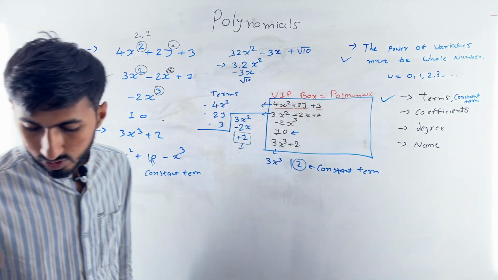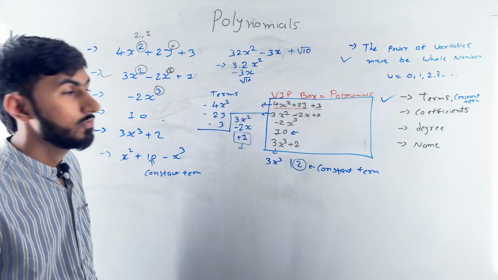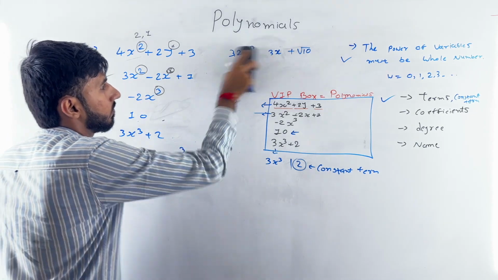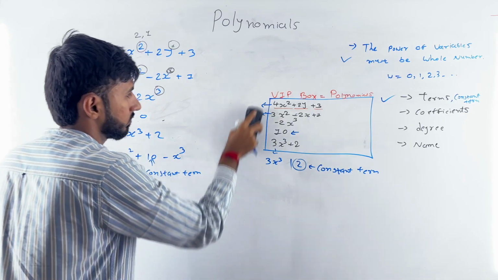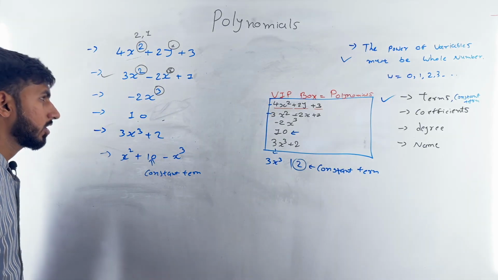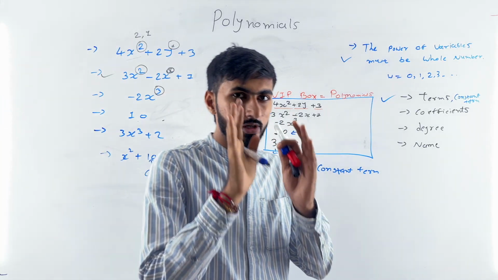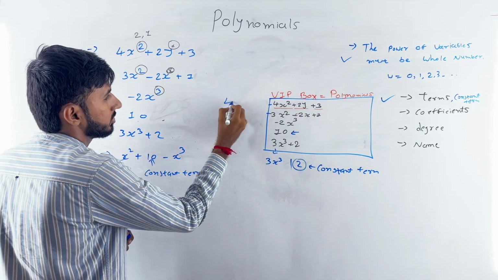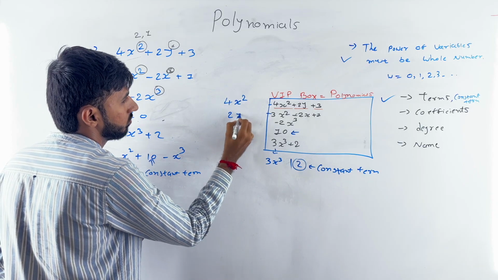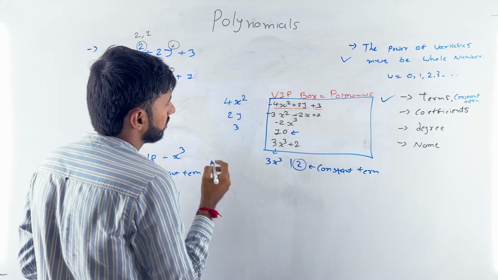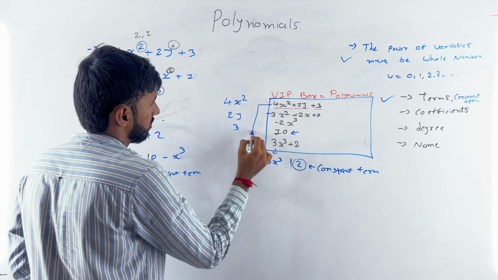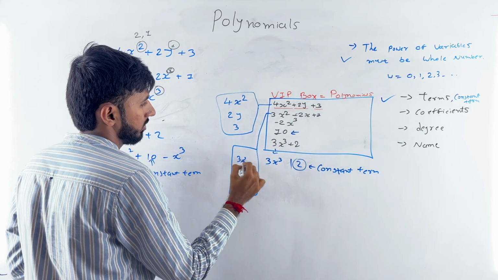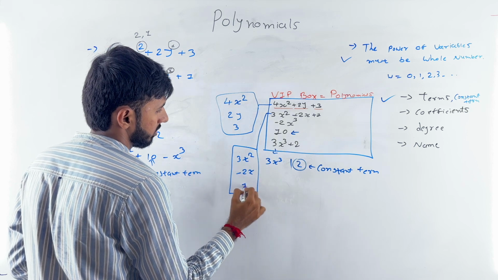Now we will move on to the third terminology, and that is coefficients. Now for the coefficients, what are the coefficients? In all the terms, let me write it for this one. Let's say 4x², second one is 2y, third one is 3. x² − 2x and 1.